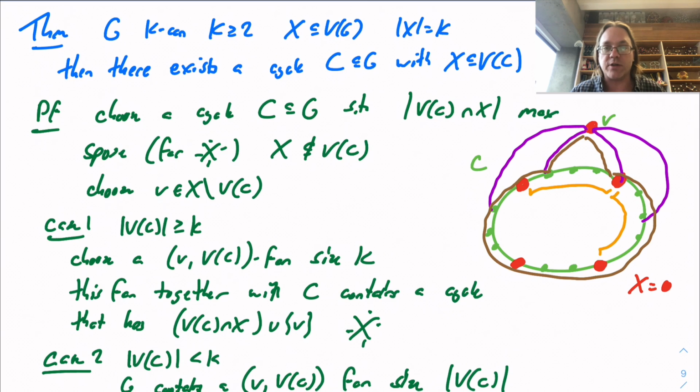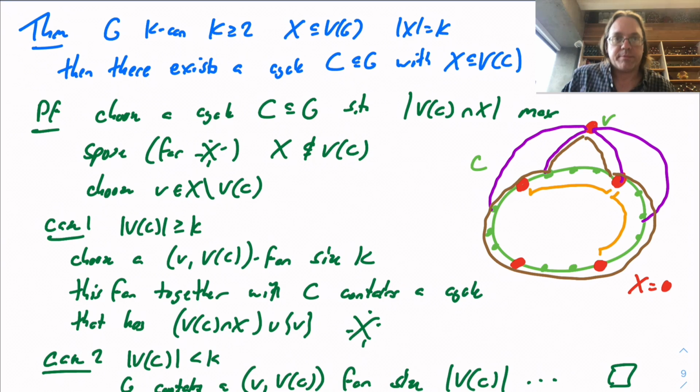And that again is going to get you a cycle. This new cycle that you found is going to contain all of the vertices in the original cycle C, but also pick up the additional vertex V. And that's an improvement that gives us a contradiction. So this follows by the same argument, and I'm just going to call that done.